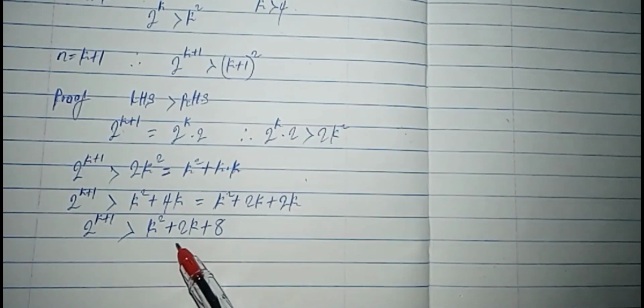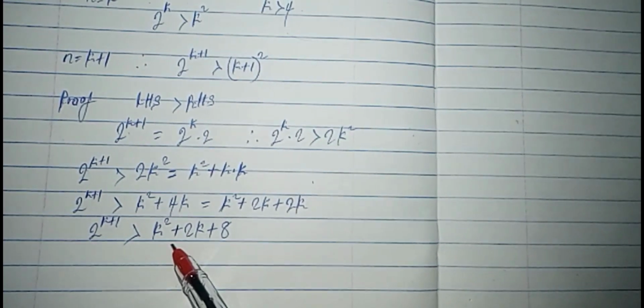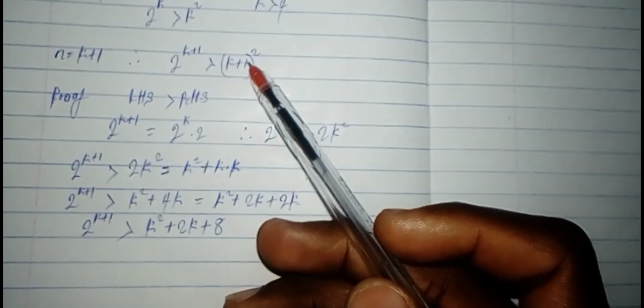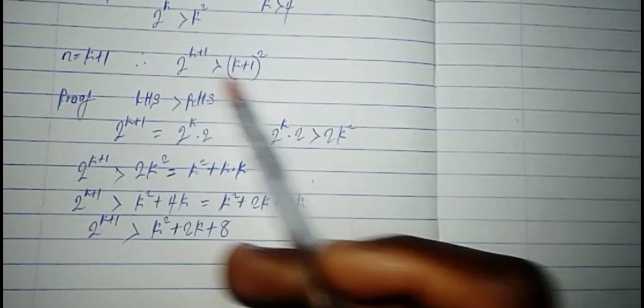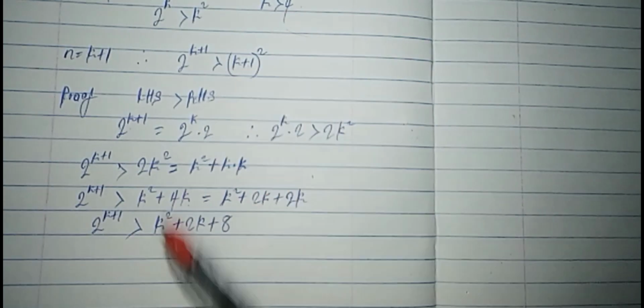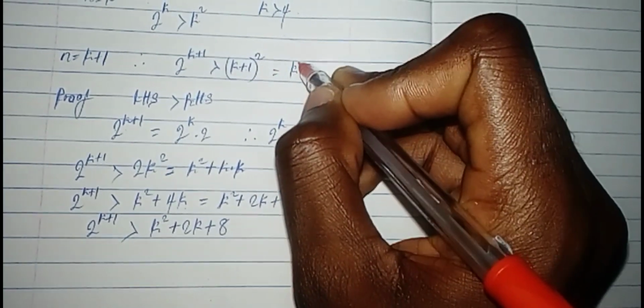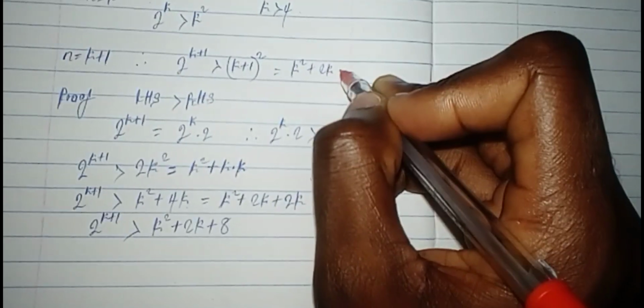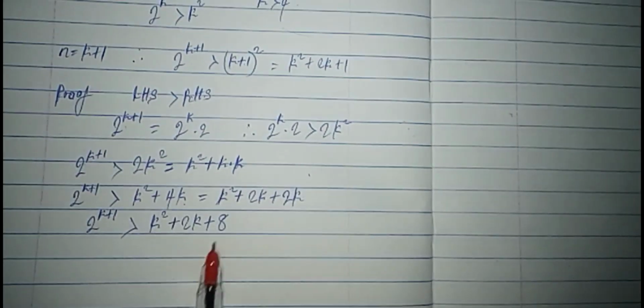If you look at what you have been doing closely, you'll notice that I am actually aiming to get this part of the inequality. This already starts looking like this, but it is not exactly this, because I can write this as k squared plus 2k plus 1, but we have plus 8 here.